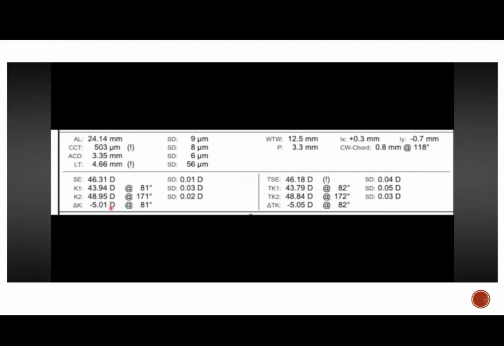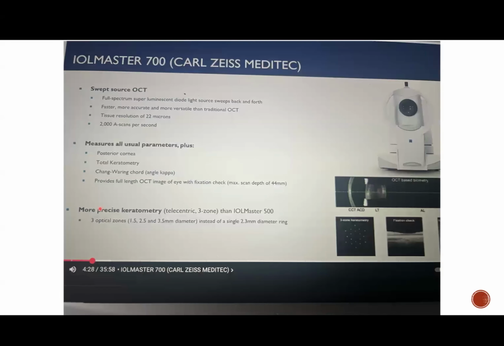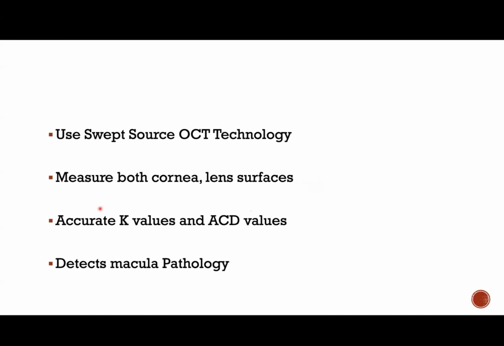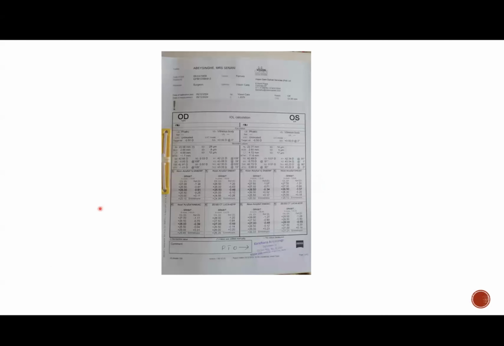Let's see this one. Here the K difference is -5. If you go for 25.5, that's nearly 0, meaning the spherical equivalent is 0.